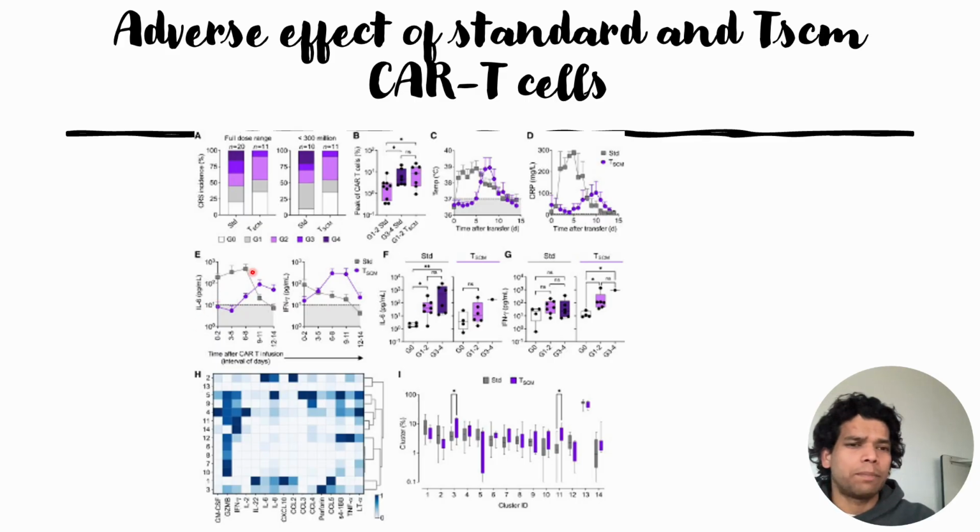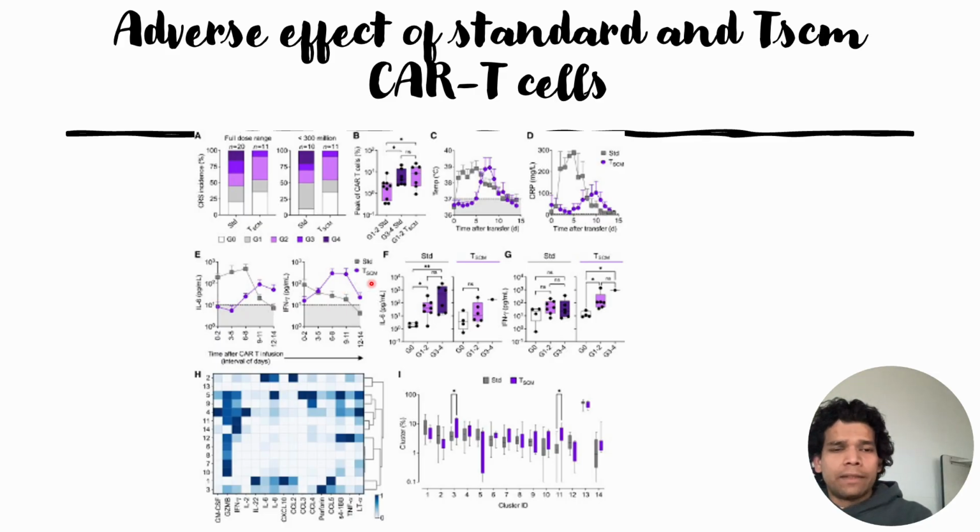IL-6 reaches its peak stage in the standard CAR-T cells, whereas in the case of TSCM based CAR-T cells, it is the IFN-gamma that reaches its peak.